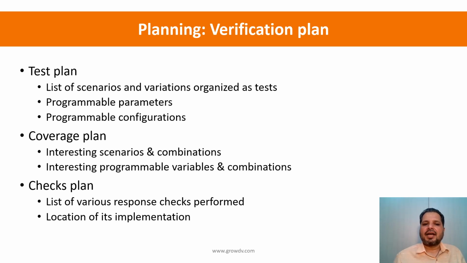All the interesting scenarios and all the interesting configuration and programmable parameters. So we might have hundreds of registers, but among them, whichever are key, which are important, must be verified, because if we do not, it can cause a showstopper bug, or can affect the overall functionality of the design in a way that makes the chip unusable, right? So those we need to capture as a part of the coverage plan.